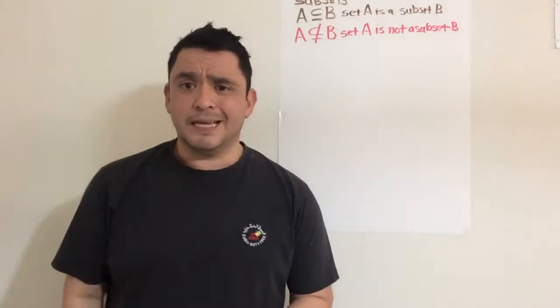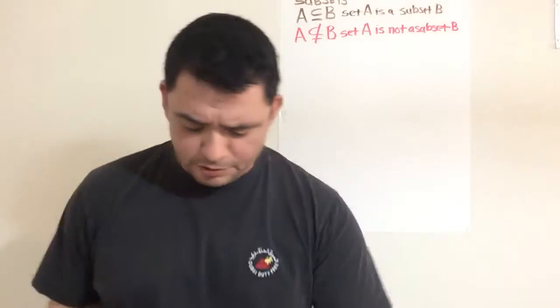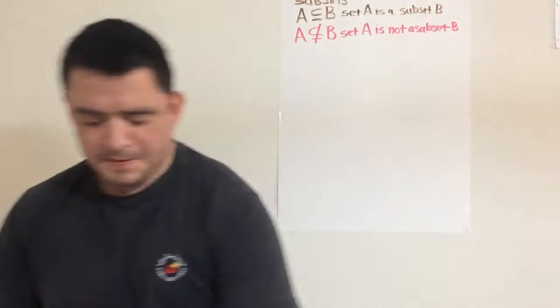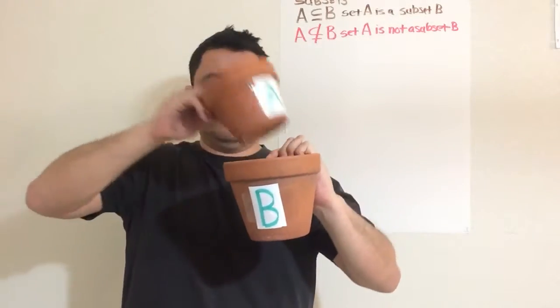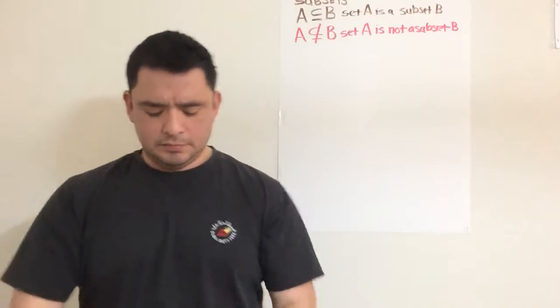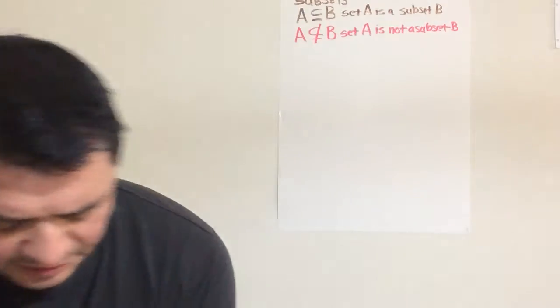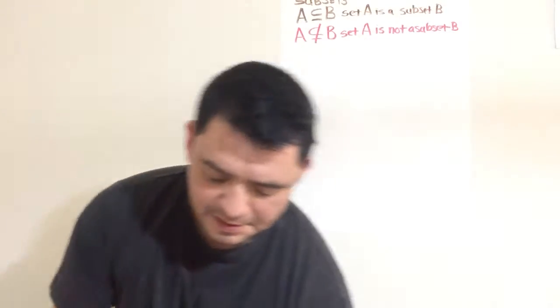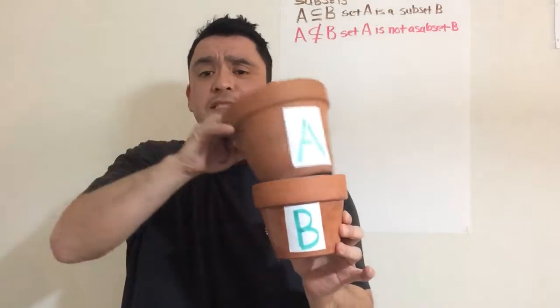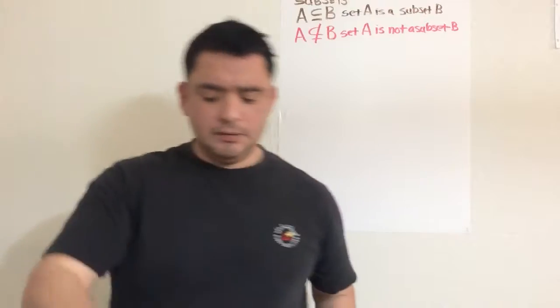Now let me show you the pots again so there's no confusion. Set A is a subset of set B. There you go. But if at least one element of A is not like B, set A is not a subset of set B.